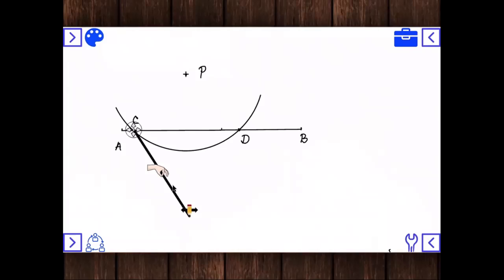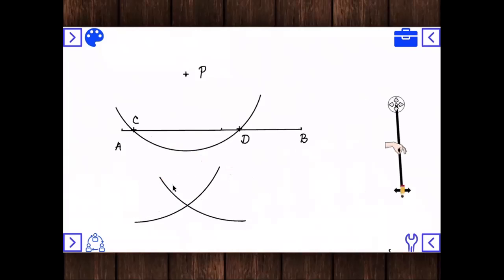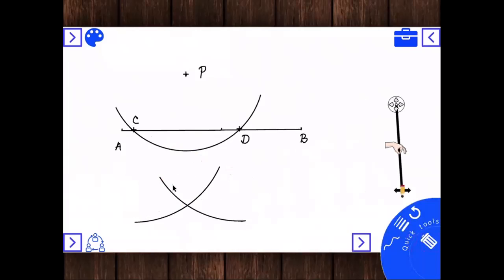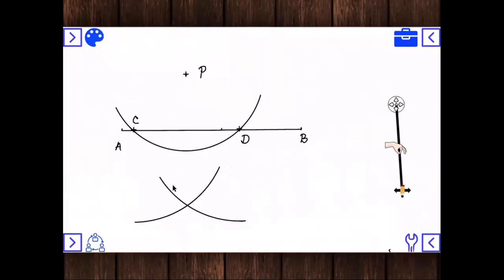So this time let's just try to draw the arcs below the line segment. So let's just arc with the same radius, we draw an arc. Okay. And these two arcs, they intersect at point E. So let's call this E.